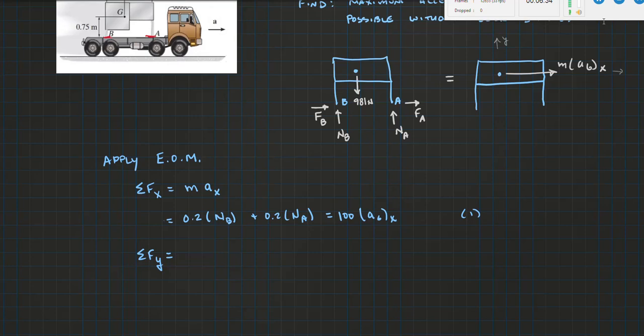Let's sum forces in the y direction. There is no acceleration in the y direction, so this is going to equal 0. And this equals the normal at B plus the normal at A minus the weight, which is 981 newtons. All right, so there's equation number 2.